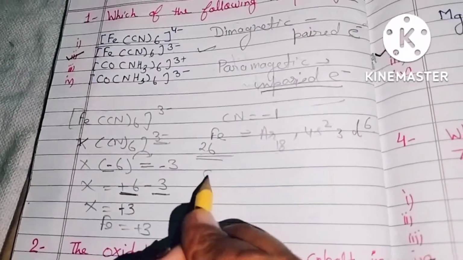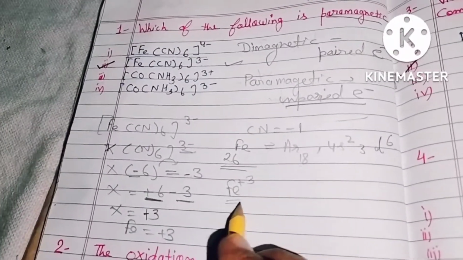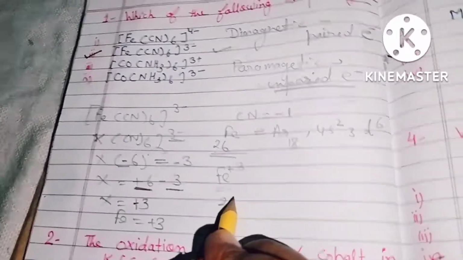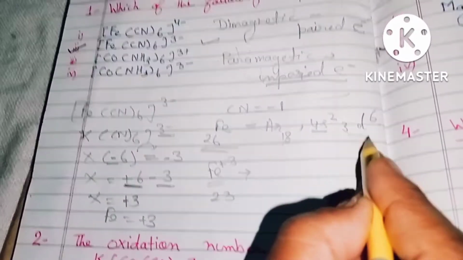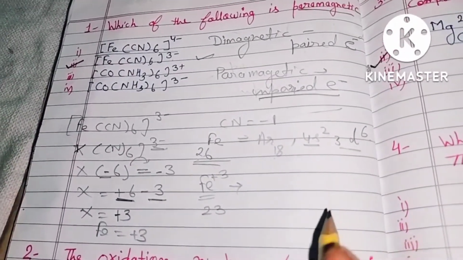But when iron is in the 3 plus charge condition, it becomes 23, with the 4s2 and 3d6 electrons being removed.